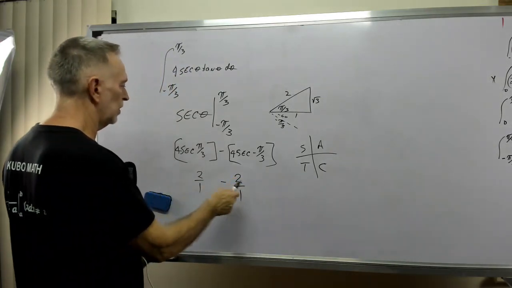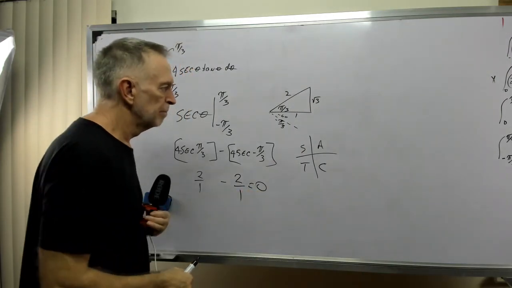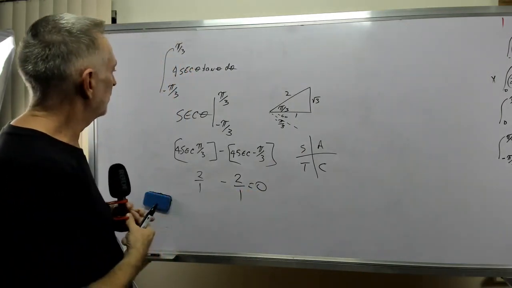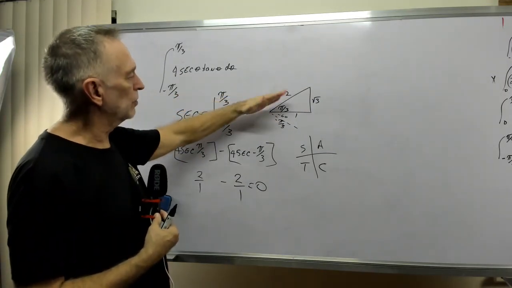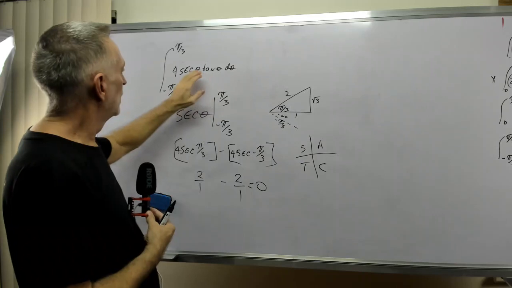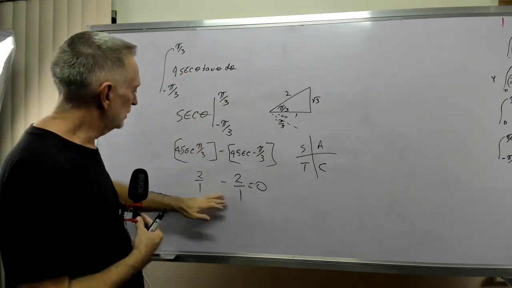So 2 over 1 minus 2 over 1 equals 0. So that integral from negative pi over 3 to positive pi over 3 of 4 times secant tangent theta is 0.